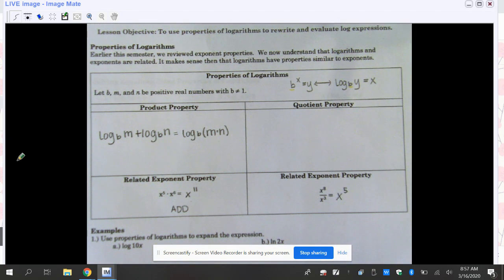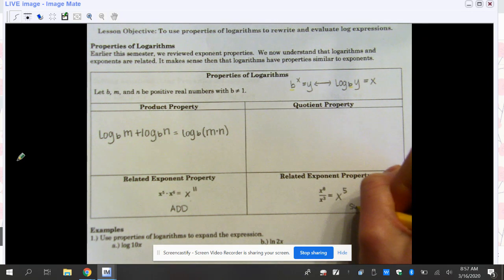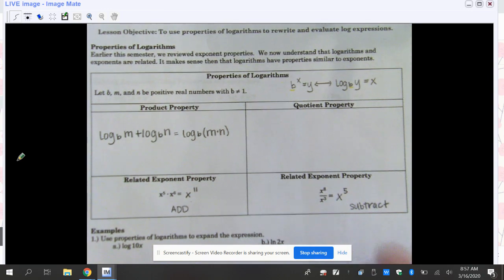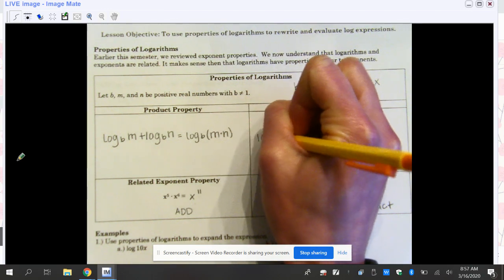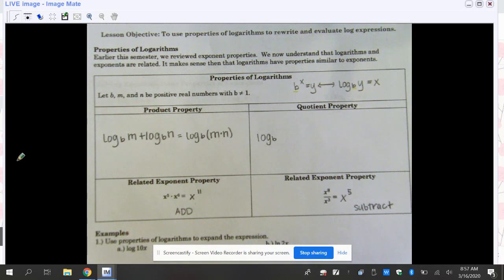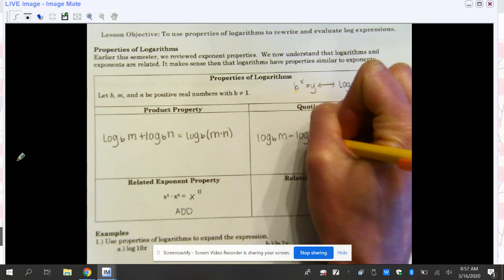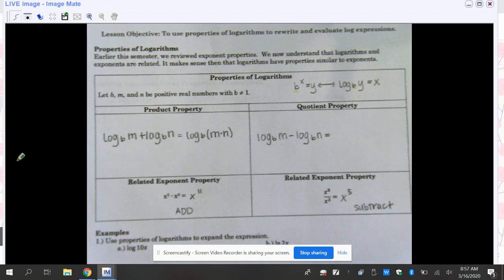So the inverse is now going to be true. Here I subtracted to go from two to one. So if I'm subtracting two logs, log base b of m minus log base b of n, to condense that from two logs to one, I'm going to divide.